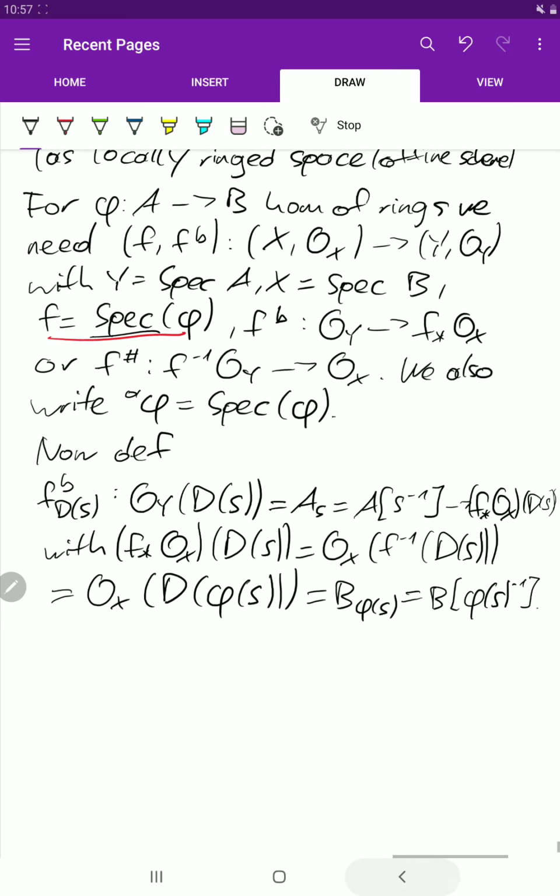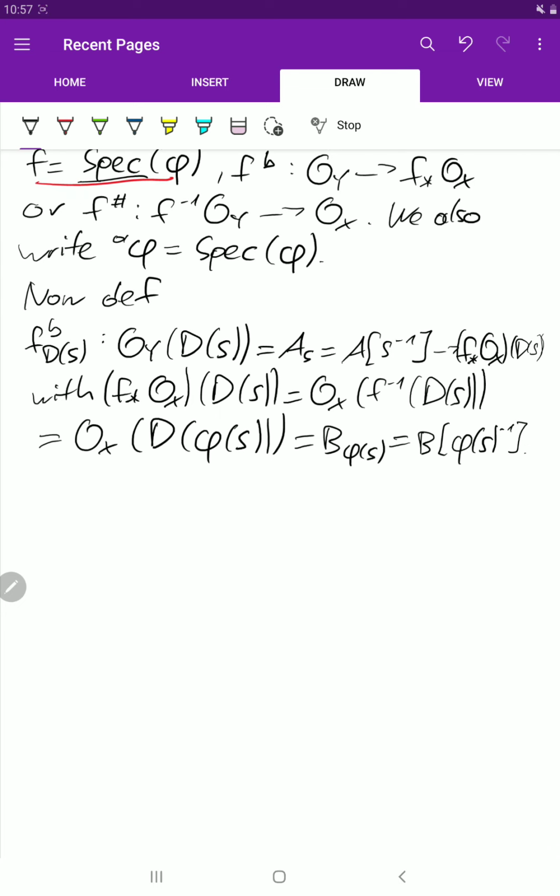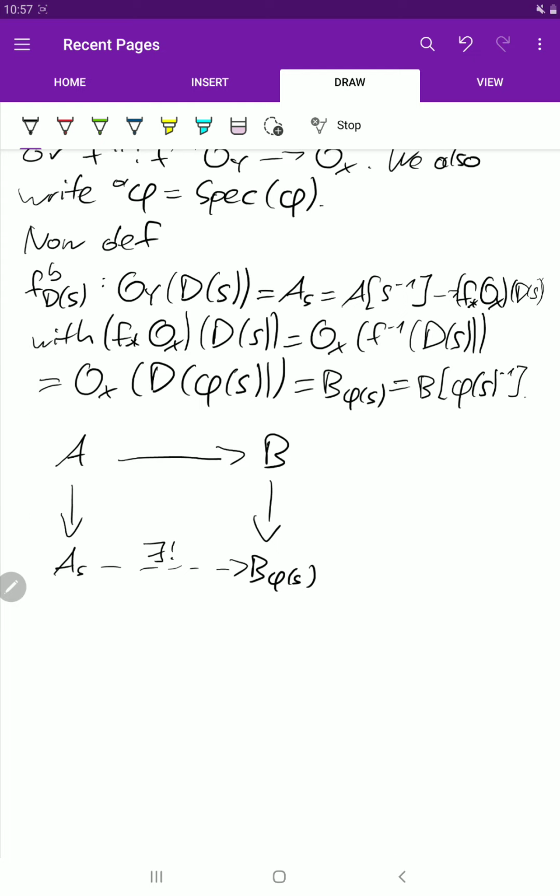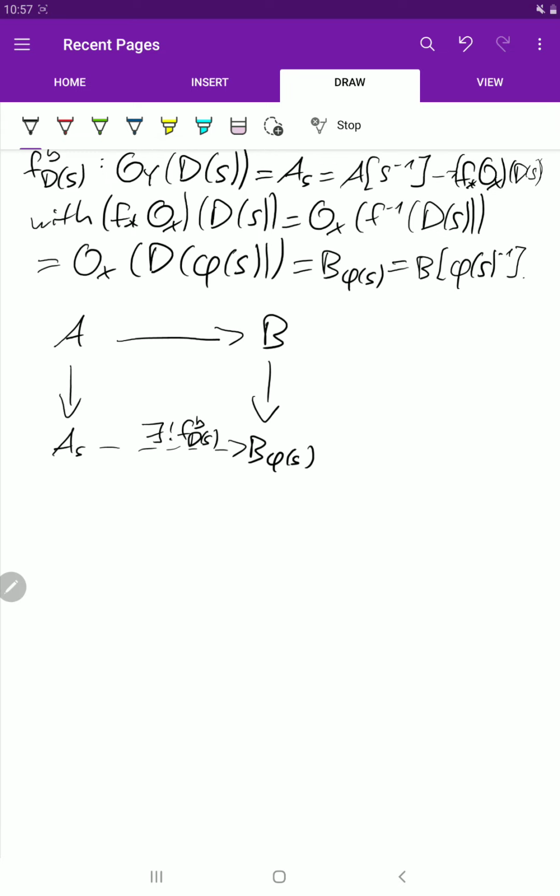Okay, so that's what we need. We haven't defined it yet, but just to see what we actually need. And so we have these morphisms here, and by the universal property of the localization we get a unique morphism here, and that's just the definition of f^b of D(s). Okay, so now we've defined that.